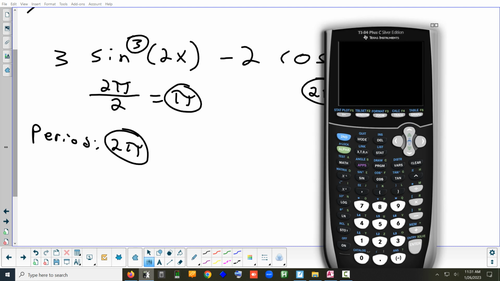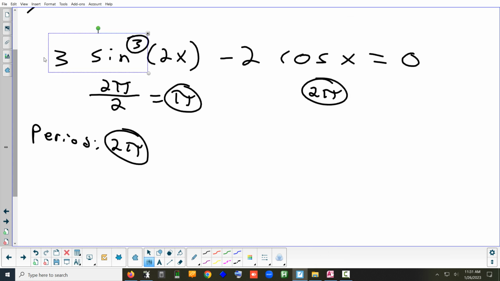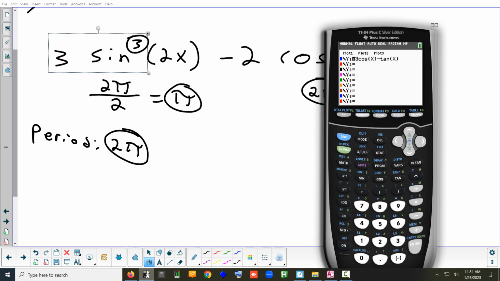Okay, now I need to type all that in. So we have 3 sine cubed 2x. Remember, you're not cubing the 3 in the front. You don't want it to say 27. So be careful when you use your parentheses. So we're going to do 3, parentheses, sine of 2x, close the parenthesis.